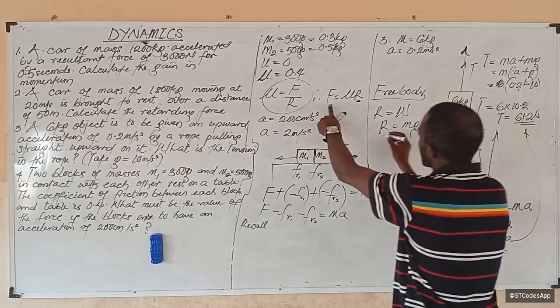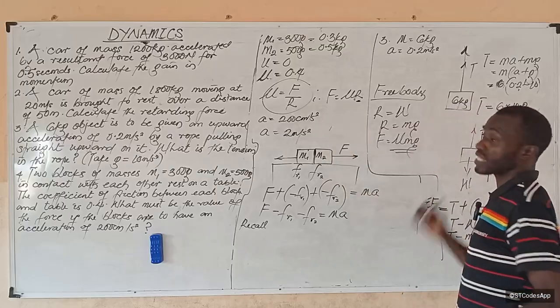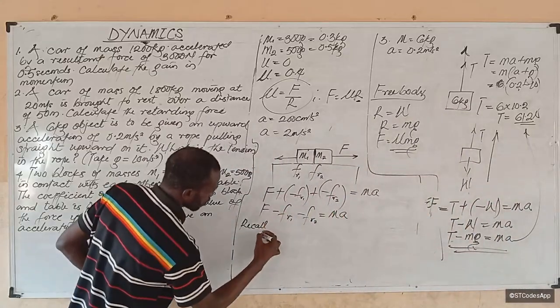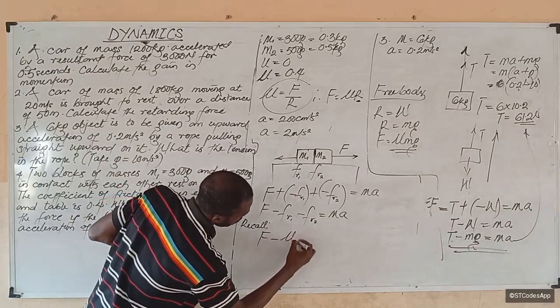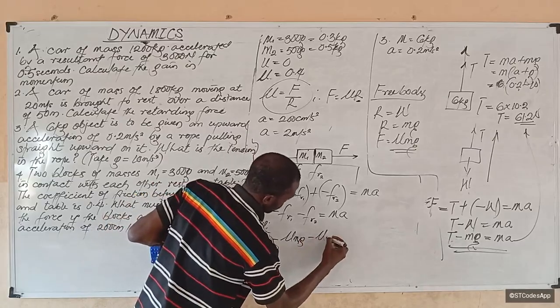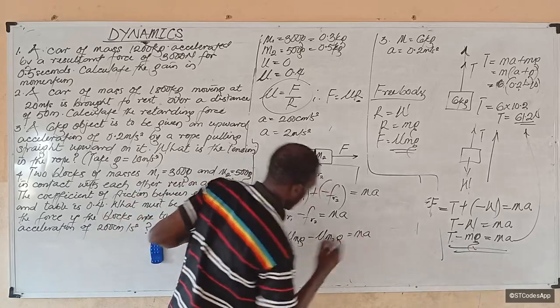So the frictional force, therefore, will become mu mg. Is it clear? So if that's the case, then we have F minus mu1 m1 g minus mu2 m2 g is equal to ma.